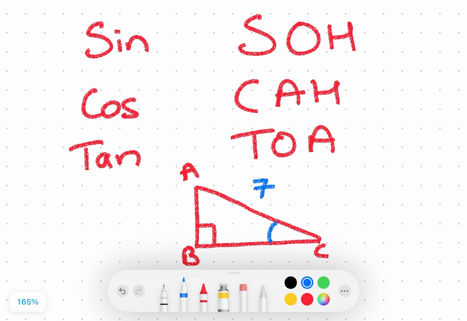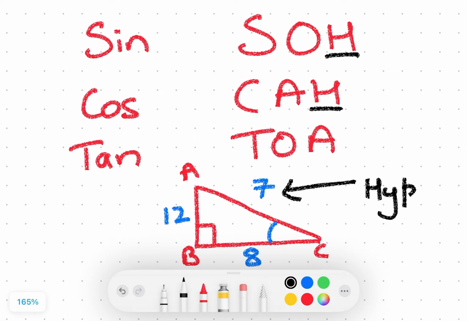There's an angle given to us, and this is 8, and this is 12. The key thing to learn is that the longest side is always the hypotenuse, the H. That's the longest side of the triangle. Another way to remember this is it's always opposite the right angle.